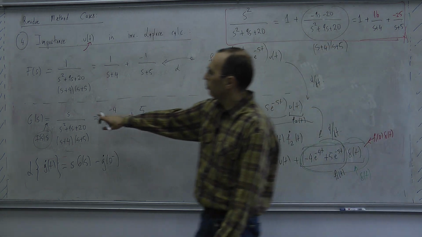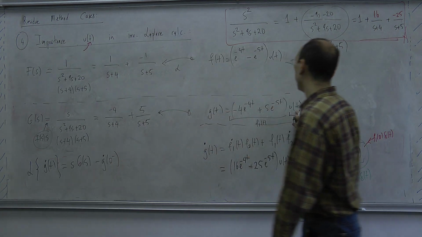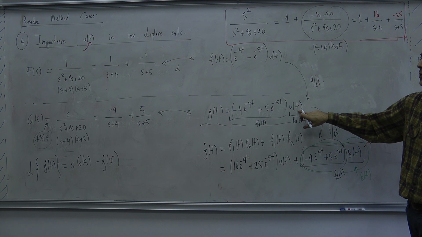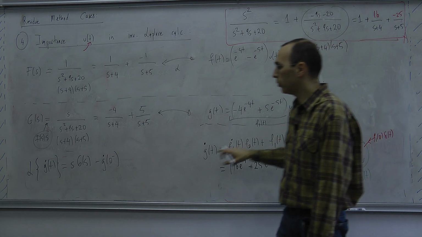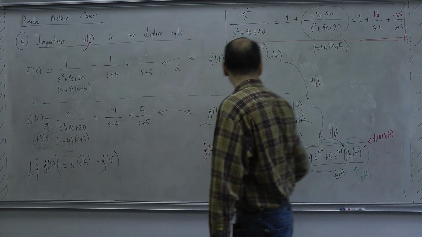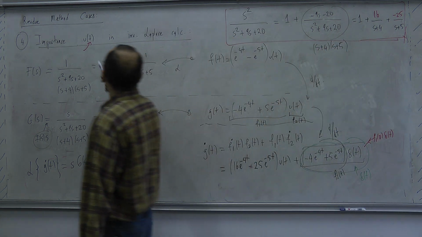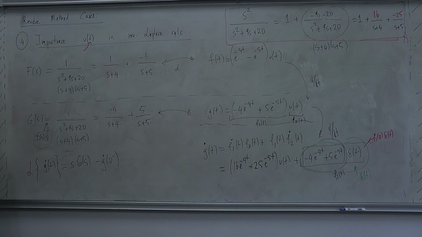And G of s was over here, so you multiply it by s squared, and g prime 0 minus is always equal to 0 because of this u of t. Again, because of this u of t, be careful. So we see that s times G of s corresponds to this in the time domain, and we have the same result. So, in conclusion, be careful with these u of t functions.